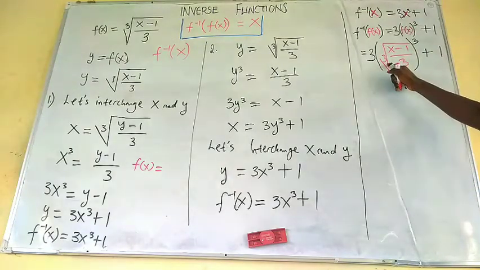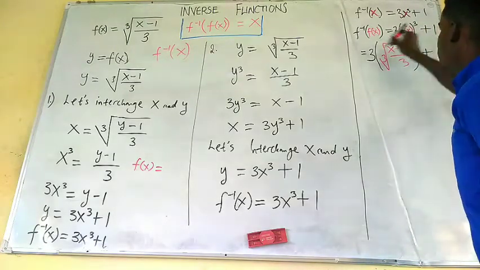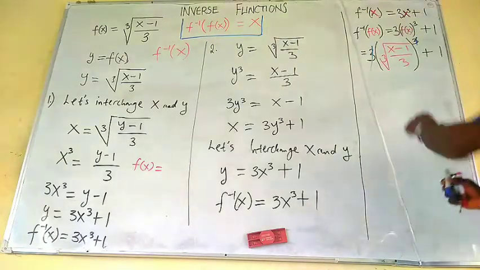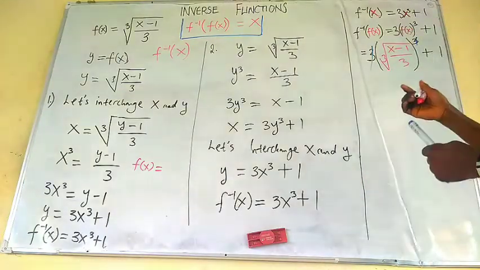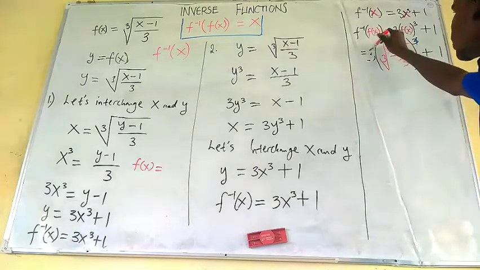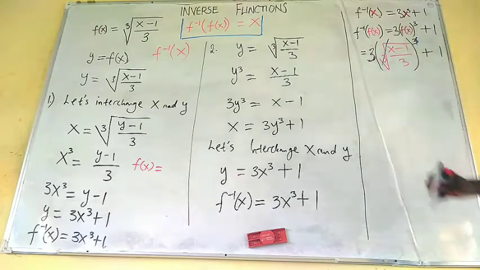Now we have cube roots and it's raised to power 3. What happened? The power will cancel out with the root, with the cube root like that.